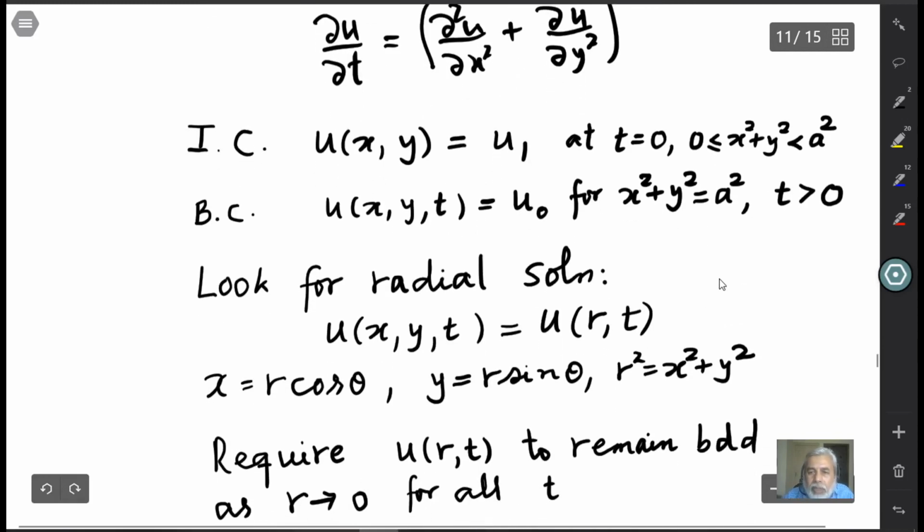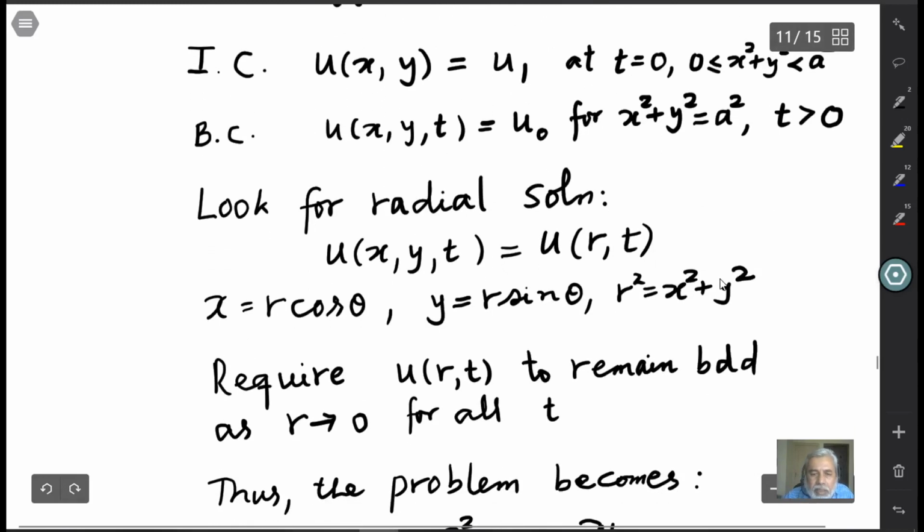One word of caution here: this change of variables from rectangular coordinates to polar coordinates is singular at r equal to 0, so we should avoid r equal to 0.